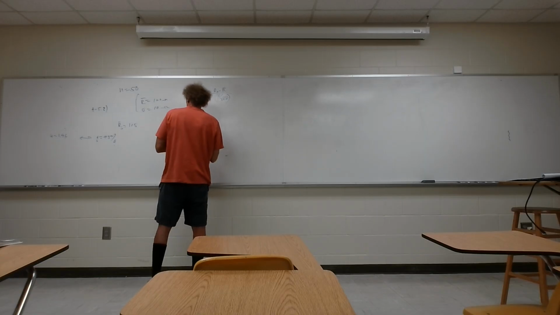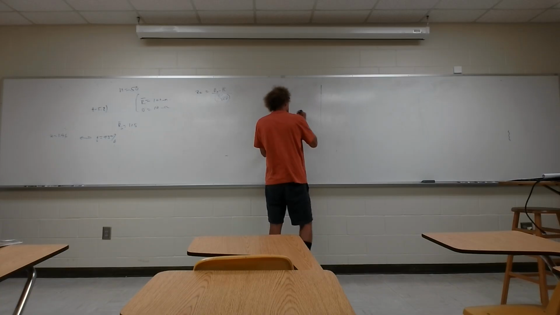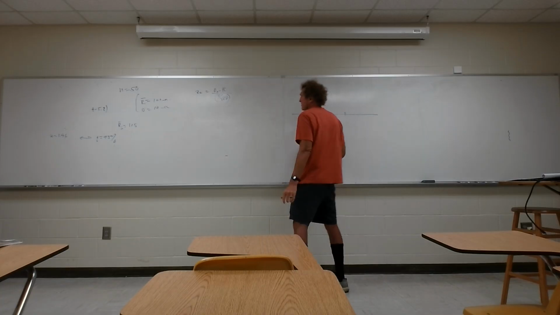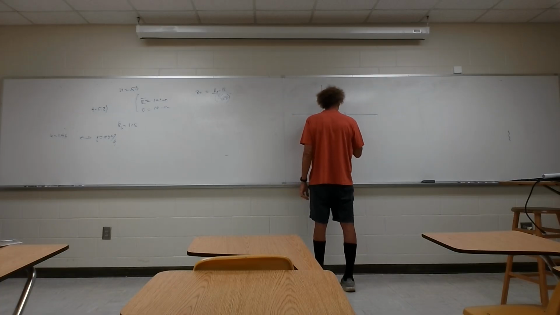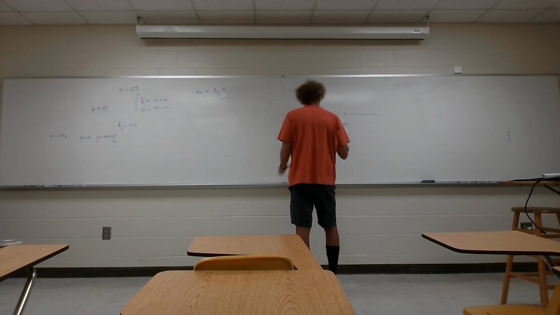Well, actually, here's what I should do first of all. Make sure you guys see this. If I take a look at this, the mean value is 100 and the standard deviation is 10.